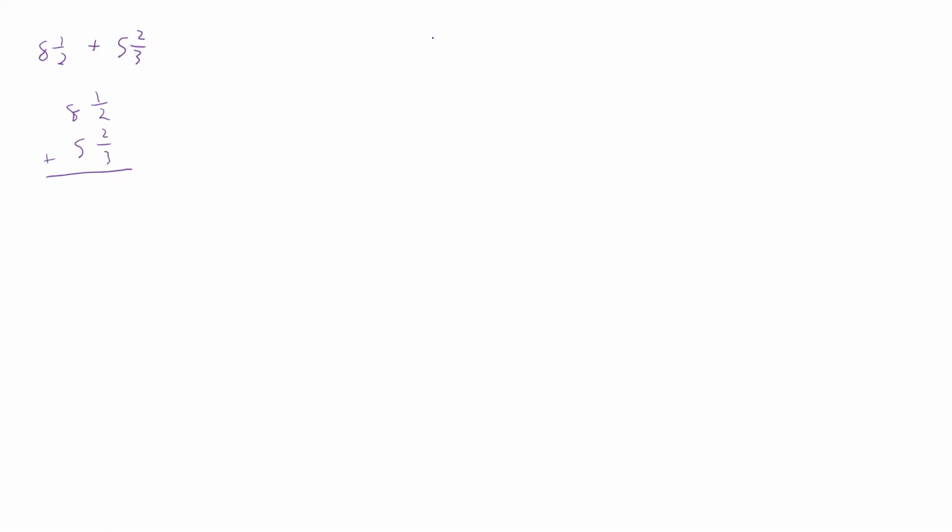Now those are not common denominators, so we have to think about the LCD. Well, that's going to be 2 times 3, which is 6. So that means we're going to multiply this one by 3 over 3 and this one by 2 over 2. And so that's going to give us 8 and 3 over 6 plus 5 and 4 over 6.